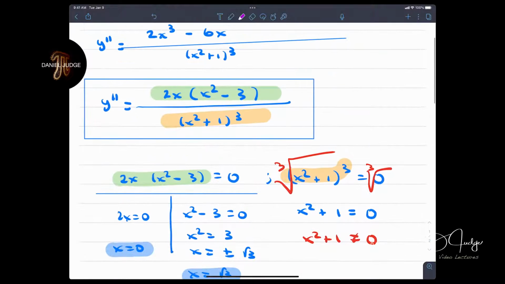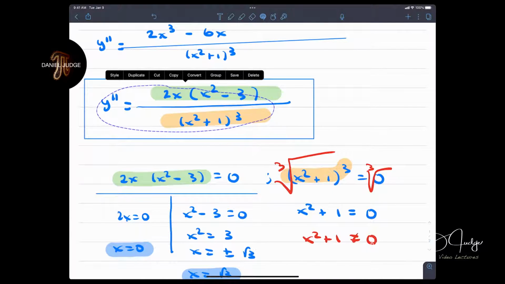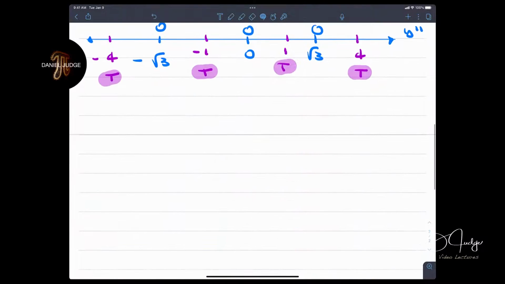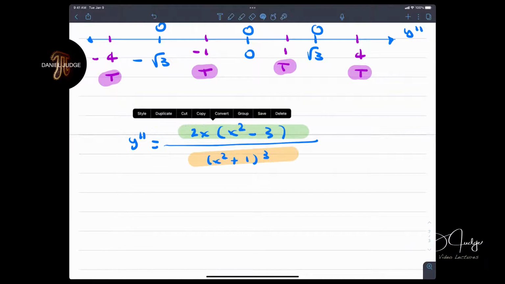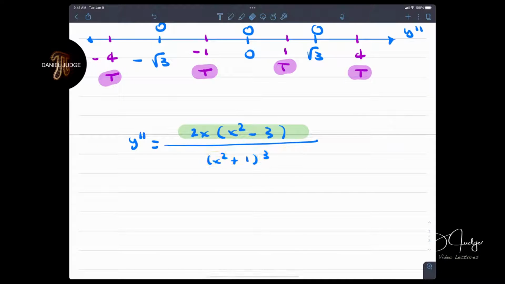Now the second derivative here is what we have to test. Now I want to point out that the denominator here is always positive. If I square a number, that makes it positive. If I add 1 and then I'm cubing it, so this is always positive. So that's a good thing to observe because it really just means I get to check the numerator. So this is positive for all x. Only check the numerator.